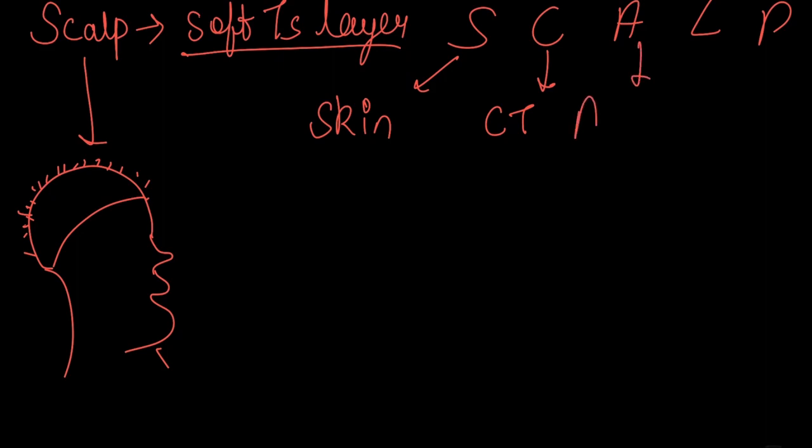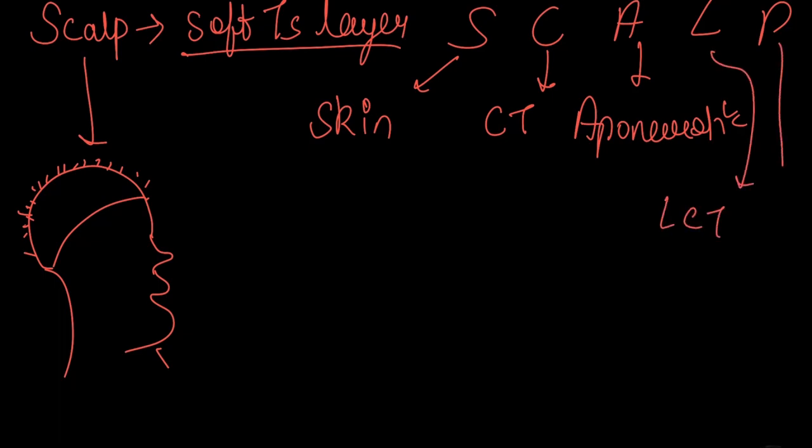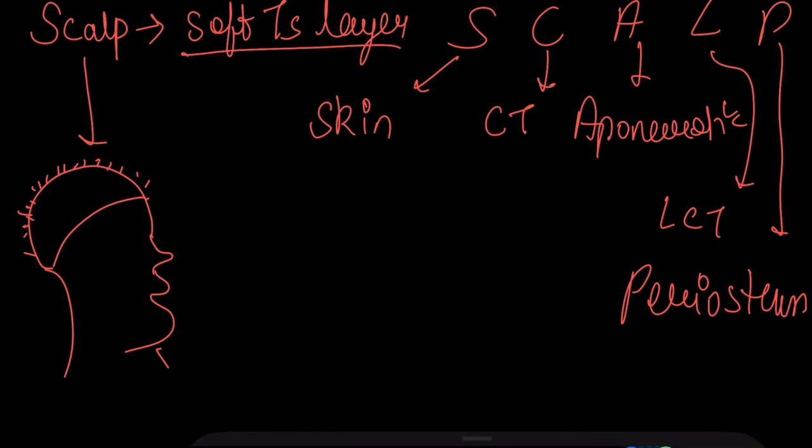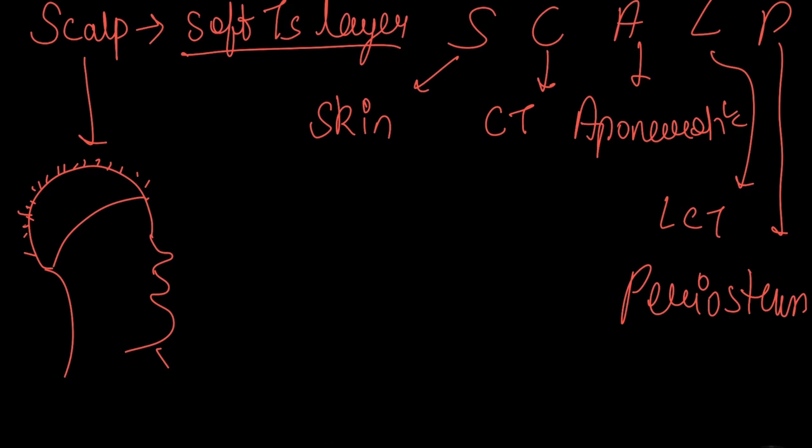A stands for aponeurotic layer. L stands for loose connective tissue and P stands for periosteum. So we name them. When we name them, another step is its clinical significance.